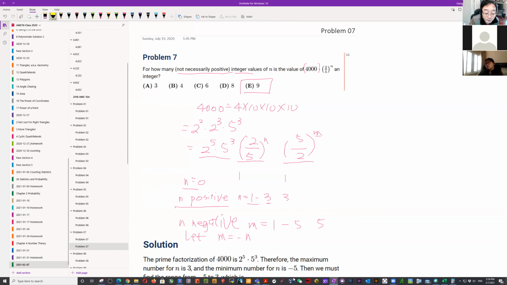So when n is positive, it takes this form. When n is negative, the multiplier becomes this, and I'm using m as the absolute value of the negative index. I can calculate this case and find out you have 5 cases working. So the final count is 9.